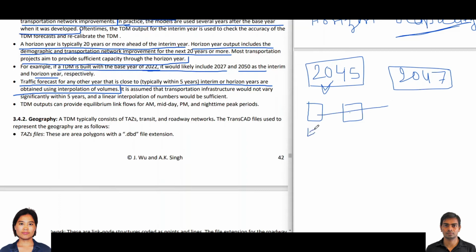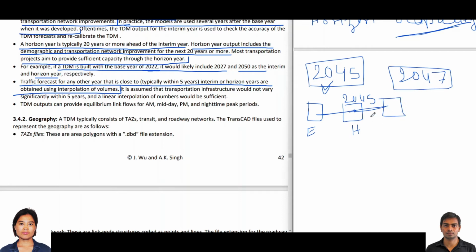So let's call this existing, or even comparing with interim. So let's call this the existing count, this is the horizon count, which is 2045, and we are trying to forecast it to 2047. We just linearly interpolate it at each point to get to 2047.